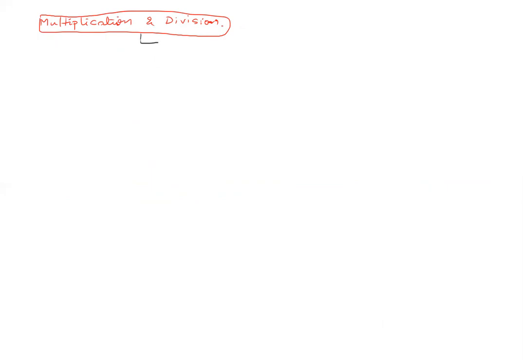There is no rule for multiplication and division that it must be between like quantities only. Between like quantities and unlike quantities it is allowed.